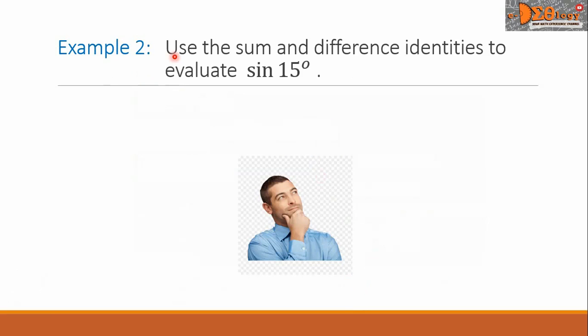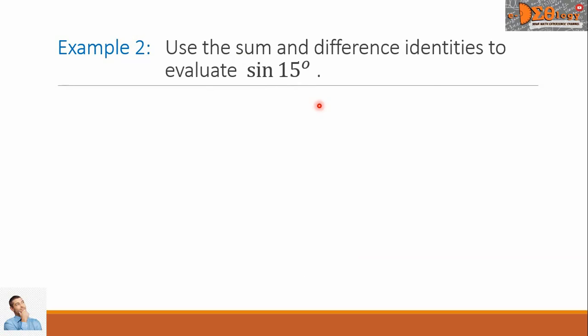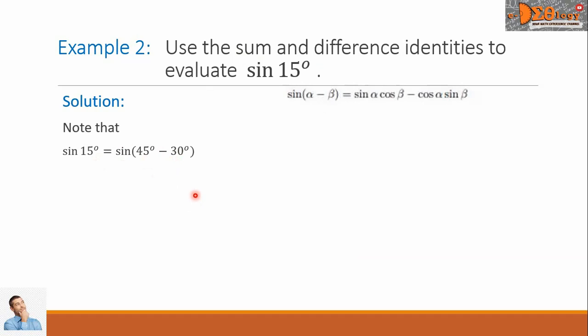Example 2. Use the sum and difference identities to evaluate sine 15 degrees. Let's note that sine 15 degrees we can write as sine of 45 degrees minus 30 degrees. So we write the formula for the sine alpha minus beta.